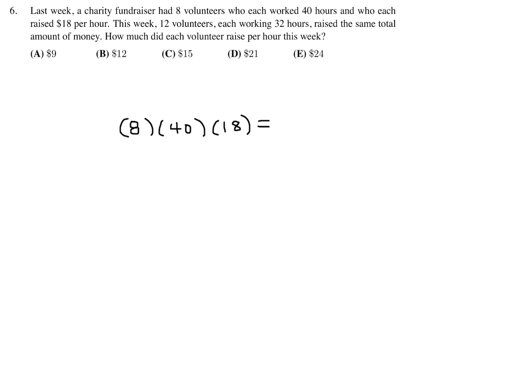And they're saying that is the same as 12 volunteers working 32 hours each and a certain amount of money per hour. So this is the mathematical equation. Now we just have to solve it. And if you do that, you will get x is equal to 15. And therefore, number 6, the answer is C.